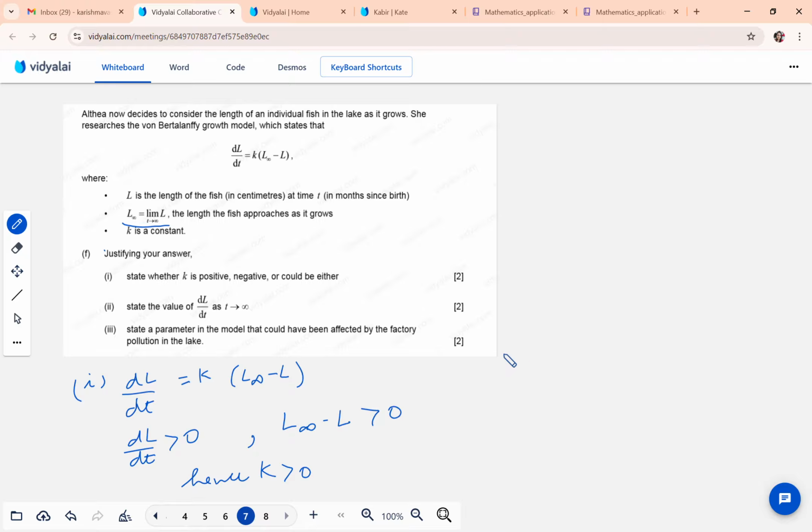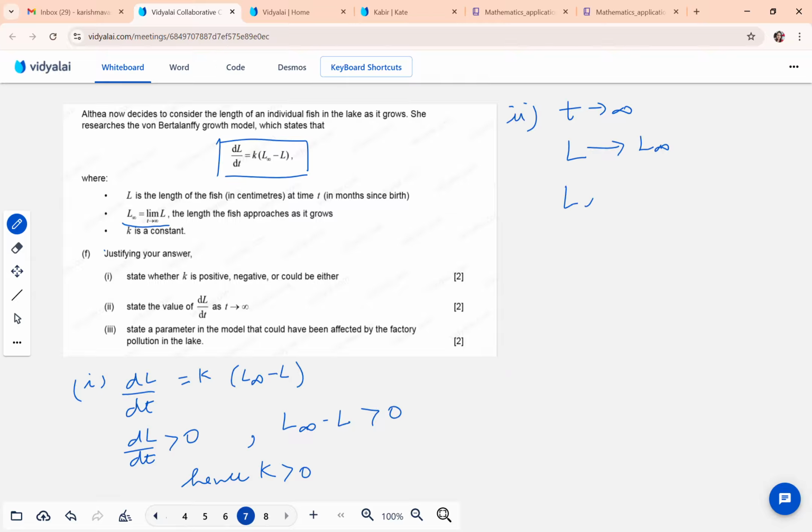Second, we have to state the value of dL/dt as t approaches infinity. So we will be using this equation for finding the answer again. As t approaches infinity, t is becoming larger and larger, so our length will approach L infinity, right? Because the limit of L as t approaches infinity is L infinity.